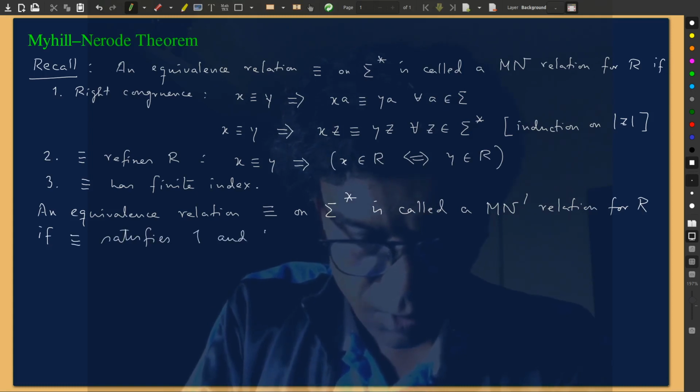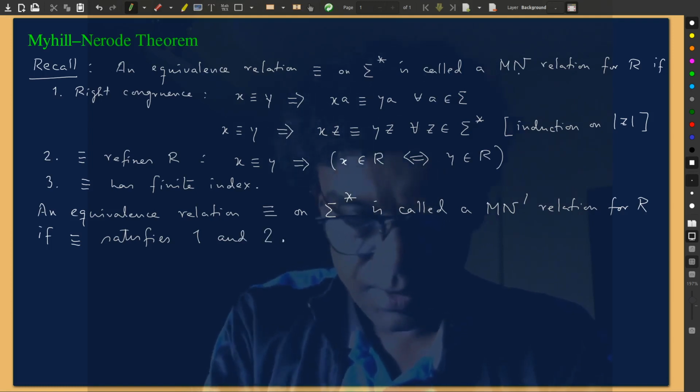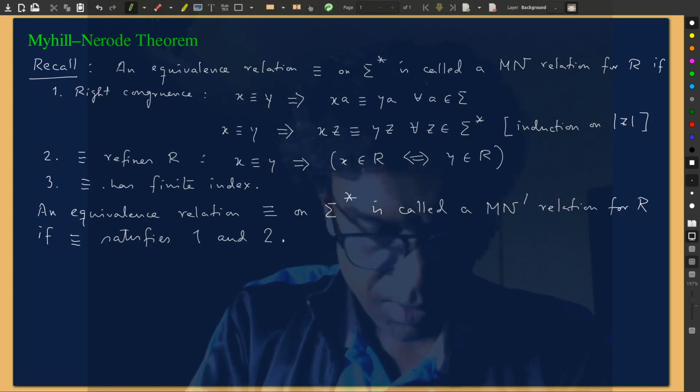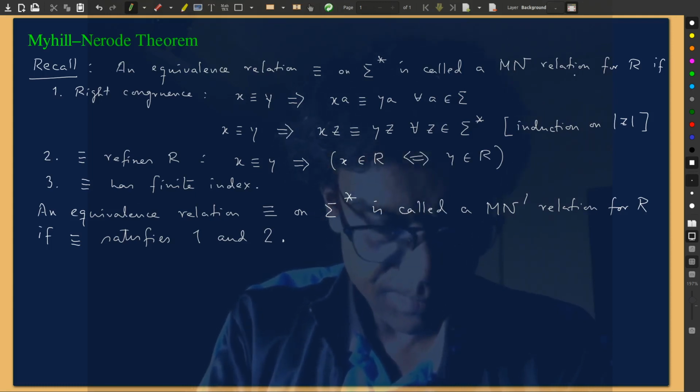So we are not enforcing condition 3. It is clear that every Mn relation is an Mn prime relation. But if this is not of finite index, then we do not call this Mn prime relation an Mn relation.